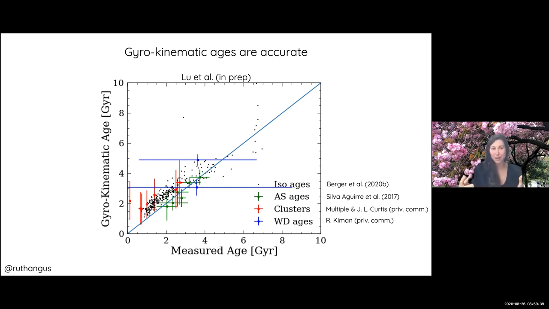That's because they've been deconvolved to be a Gaussian. They're really just there to give a sense of what the systematic offset would be between these two methods. You can see there are some systematic offsets between a few of these different methods. There are various explanations for that.